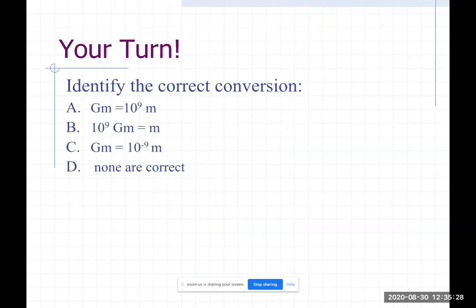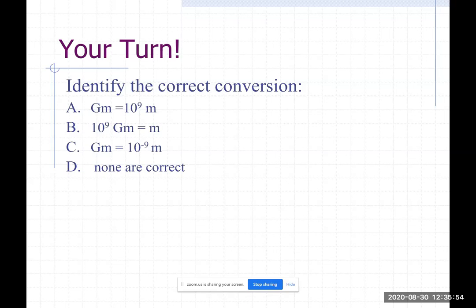So let's identify the correct conversion factor here. Is it A, B, C, or D? So we have gigameters equals 10 to the 9 meters. Well, we know that giga is 10 to the 9. So would B be correct? 10 to the 9 gigameters equals 1 meter?